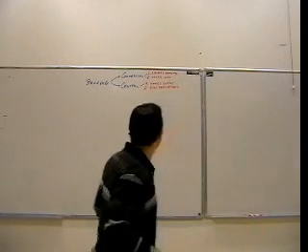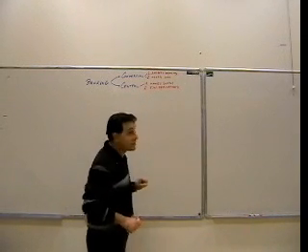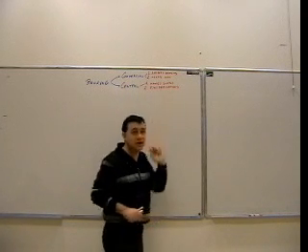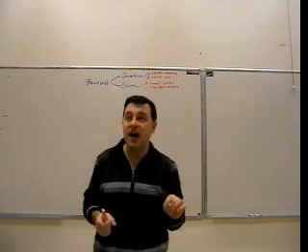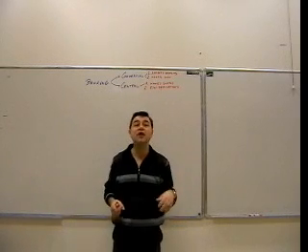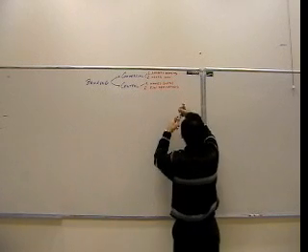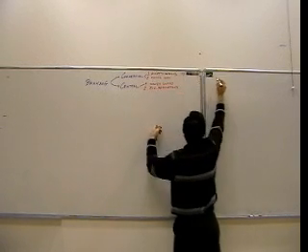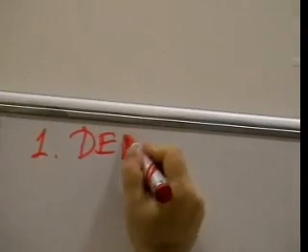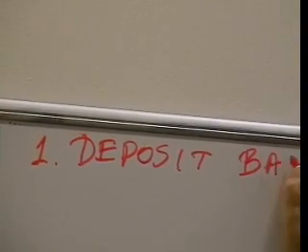Anybody? Alright, so let's try to do this. Commercial banks have two functions: accepts deposits and makes loans. If it accepts deposits, it's engaging in the business of deposit banking. So, accepts deposits, we say, number one, deposit banking.